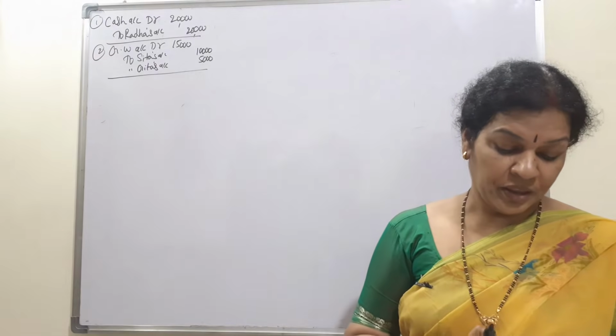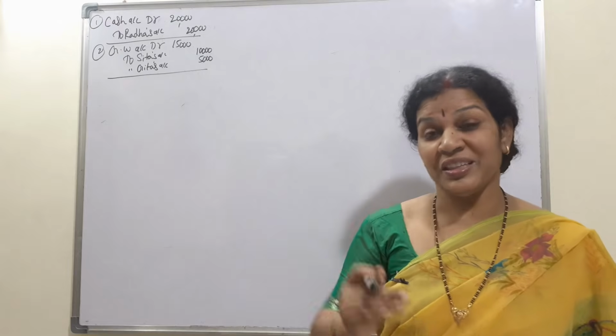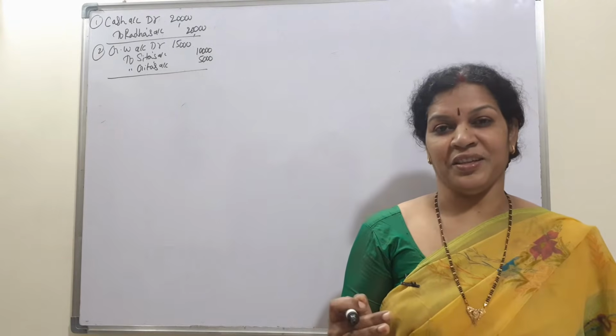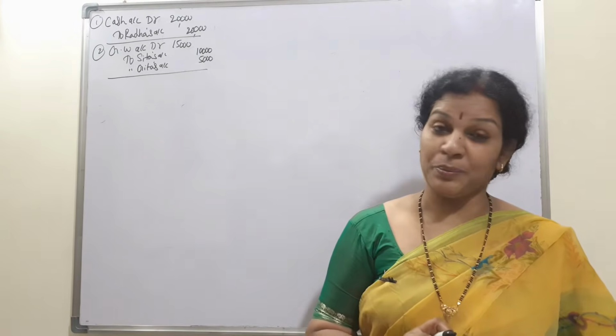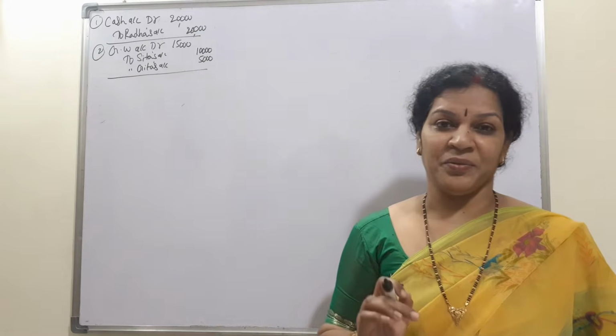Next, trade creditors is to be reduced by 2,000. Creditors reducing means it's a profit, so the revaluation account is credited. Second, buildings appreciation is also a profit, so the revaluation account is credited.